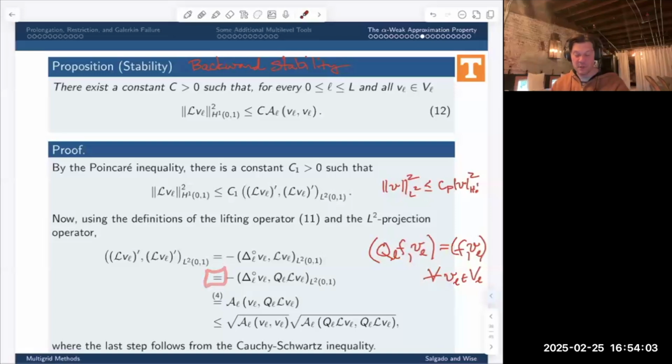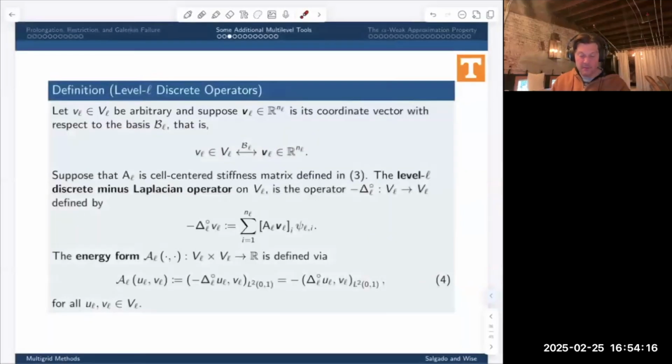It's an equality. All right, now what does this next step say? It's our definition of this AL inner product going way back. So if we go back to that, there's how we define that. And notice that it involves this object here. So this is what we called the AL inner product of UL.